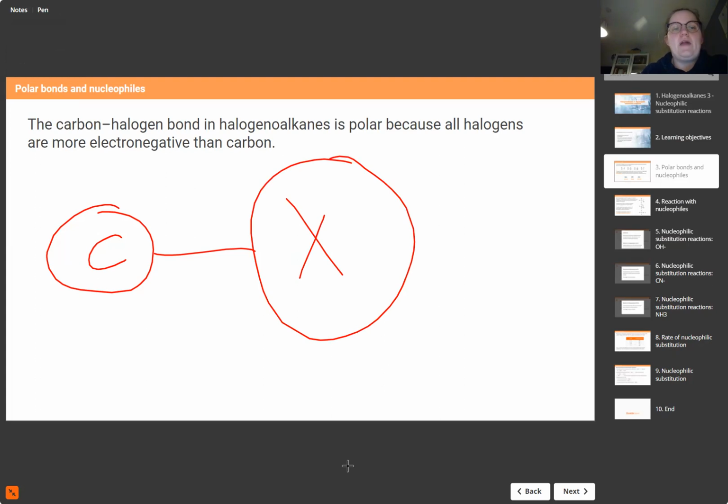It's polar, and that's because all our halogens are more electronegative than carbon. So they're going to have a slightly negative charge and the carbon a slight positive, and they're polar bonds. The pair of electrons is more attracted to the halogen, so we get this polar bond. This is how we draw the carbon-halogen bond in our halogenoalkanes.